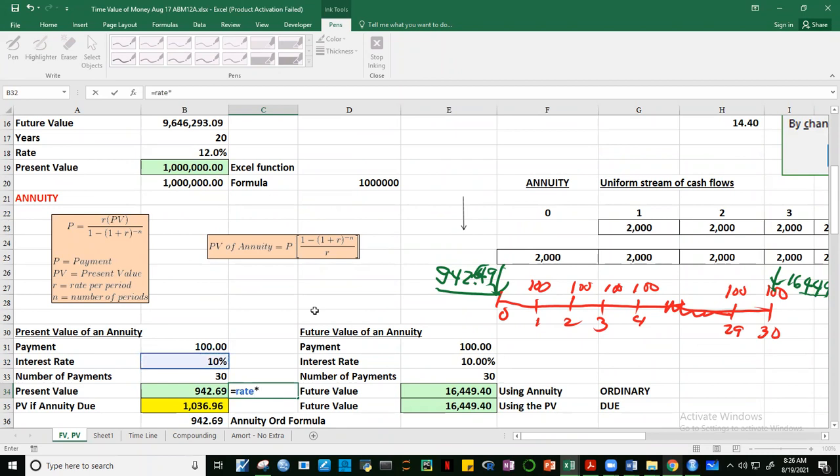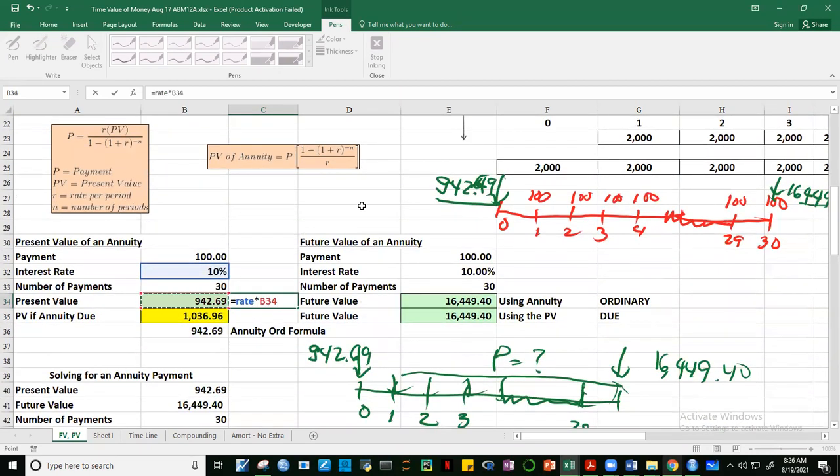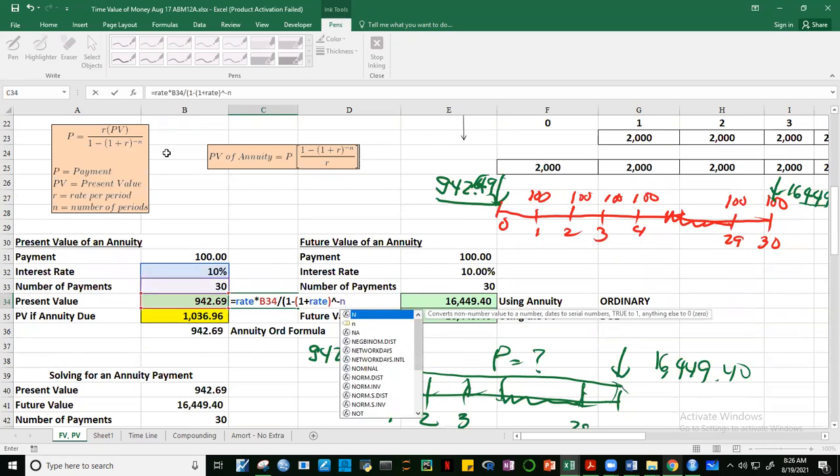Times the present value. Ano yung present value natin? It's this one. Then divided by 1 minus 1 plus the rate, then raised to the negative n, 30.